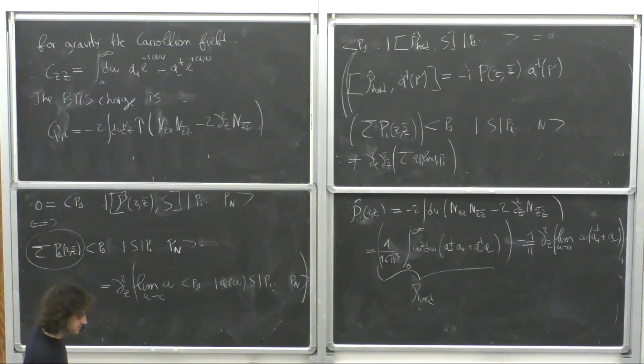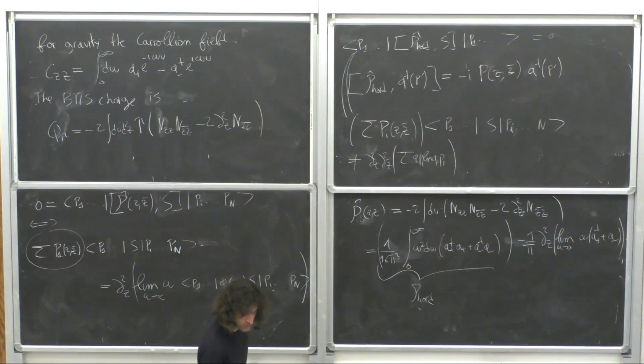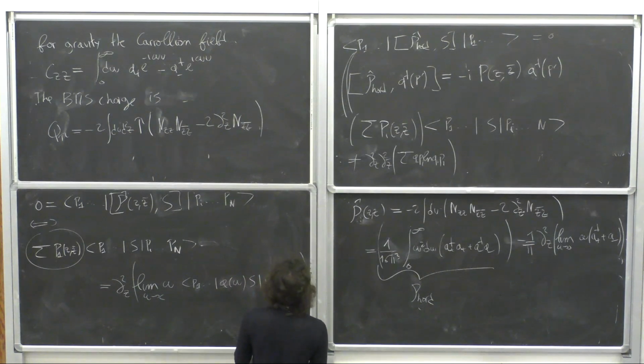And yet, this is a conceptual difficulty. This lecture suggests that what you should try to do is include other types of states, other types of BMS representation. So now let's try to discuss a bit what the other BMS representations are and how far we can go.